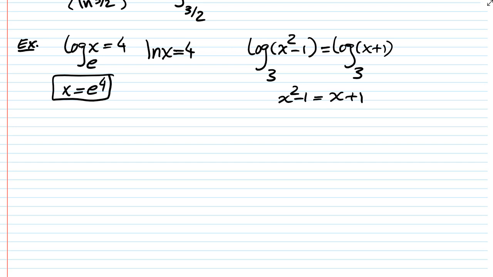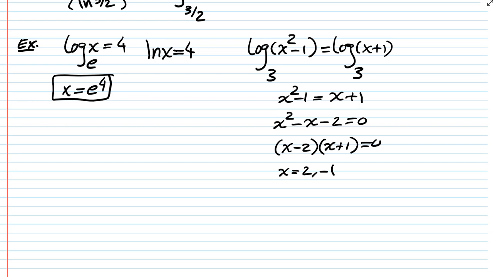So here I have x squared minus 1 equal x plus 1. I see a quadratic. So bring x to the left side, subtract 1 from both sides, get 0 on the right side. And the factored form of this would be x minus 2 and x plus 1 equals 0. Right, and then by the zero factor property, x is 2 or x is negative 1.